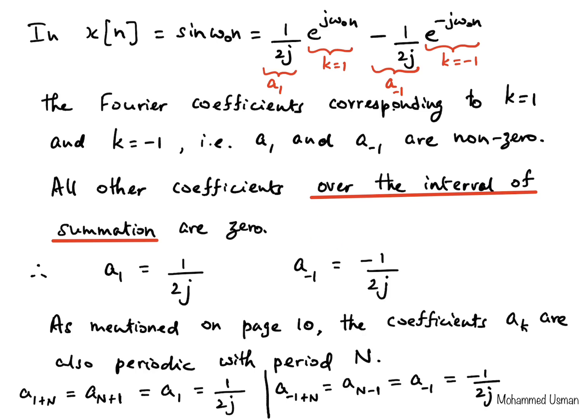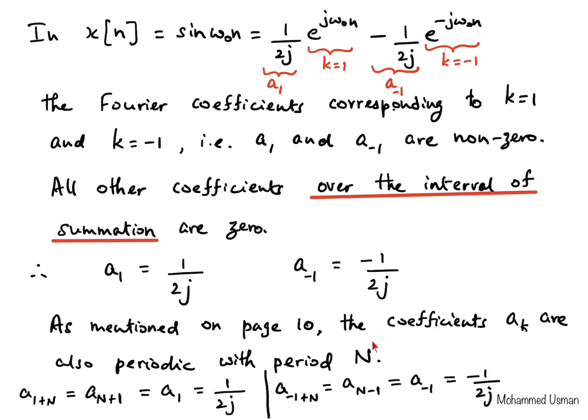Now the summation is done over a range of n numbers, right? Within that range, all other values of a k are 0. Outside that range, because it's periodic, there will be other values which have the same value as a1 and a minus 1, and that depends on the period n.